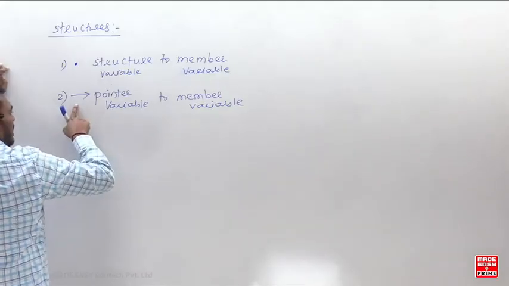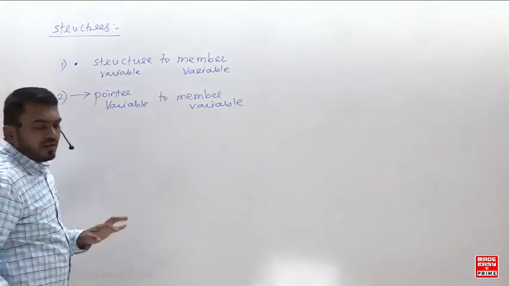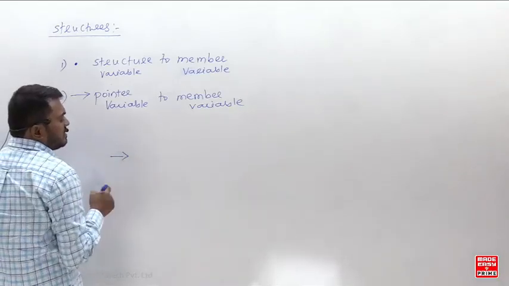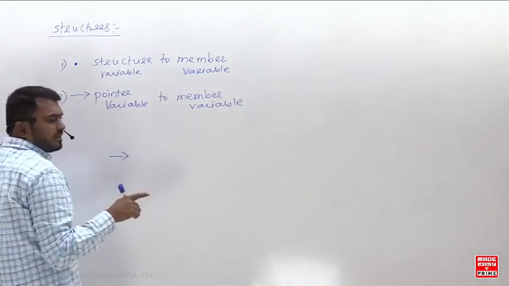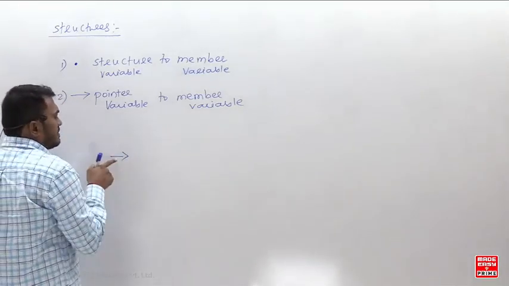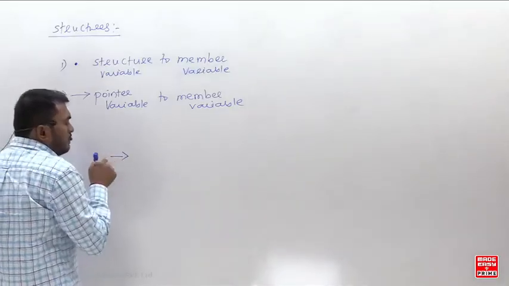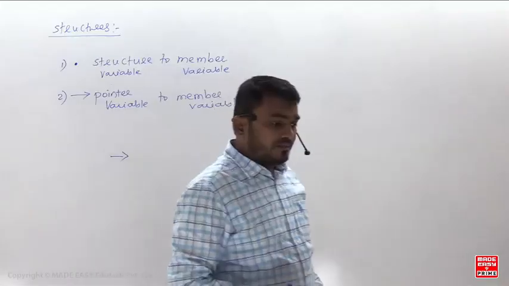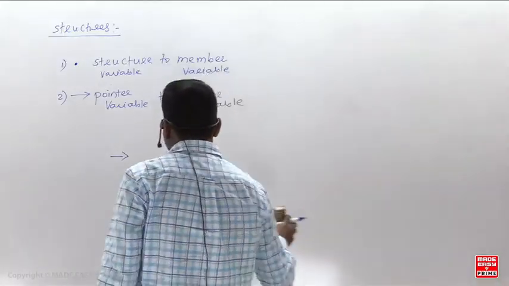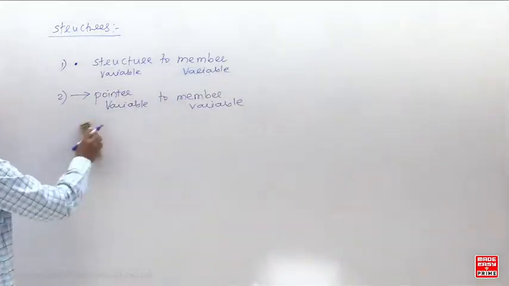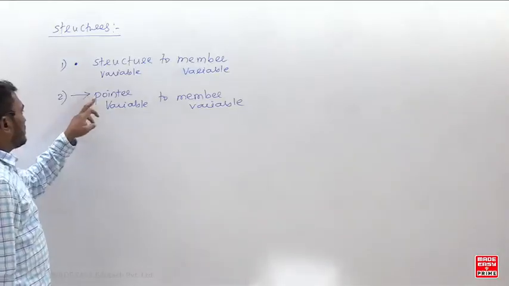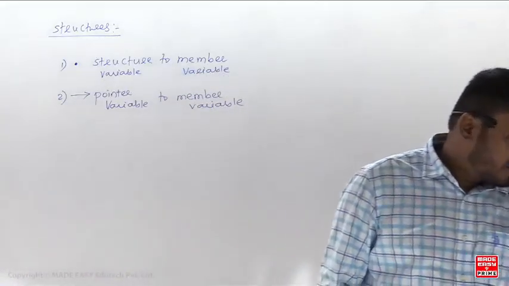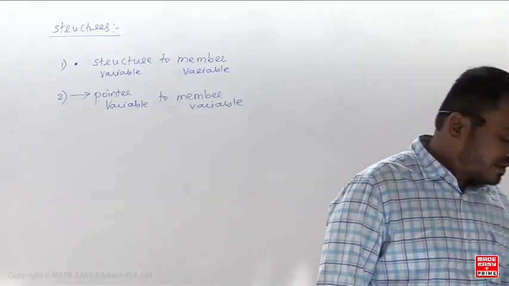Arrow symbol is not there on the keyboard, so you have to use hyphen and the greater than symbol. That is a pointer variable to member variable. So these are the two different operators used in the structures.